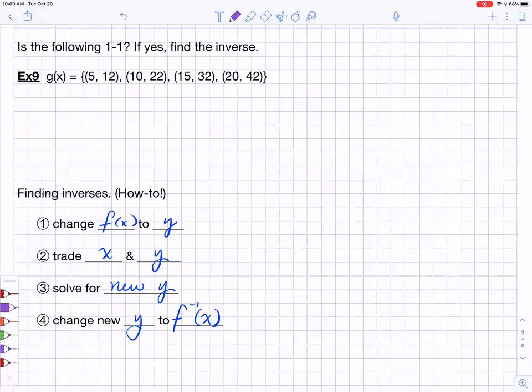That was how I worded it back in chapter 1 and 2. No x repeats, okay? And no x repeats translates to it passes the vertical line test. Well, what do you think is going to be the same thing as the horizontal line test? Yeah, no y repeats. So if I have no y repeats, then it's going to be one-to-one. So take a look at example 9. Is this one-to-one? Yes, it is.